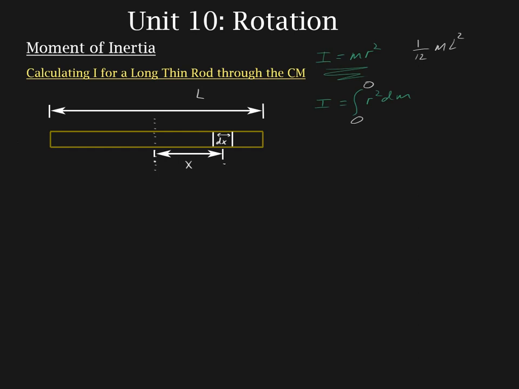Now hopefully you said that it's going to have to go from minus 1/2 L all the way to plus 1/2 L. And that's because by definition, r is the position relative to the axis of rotation.